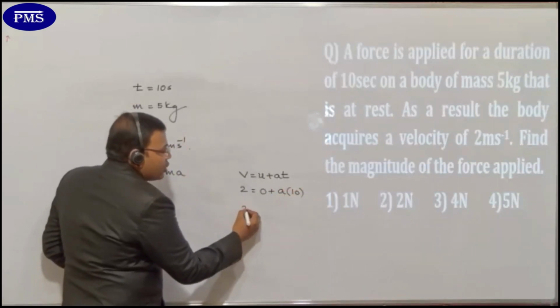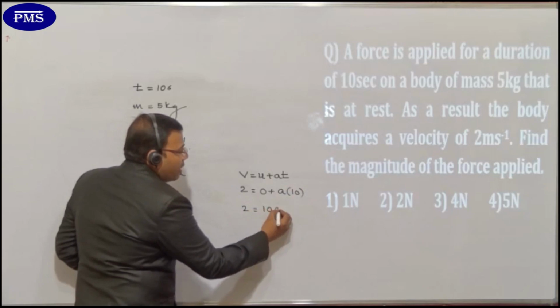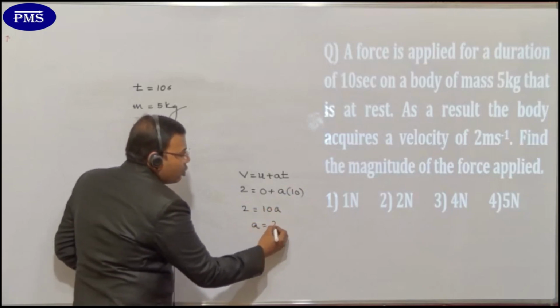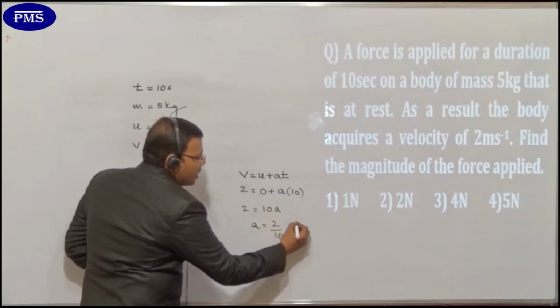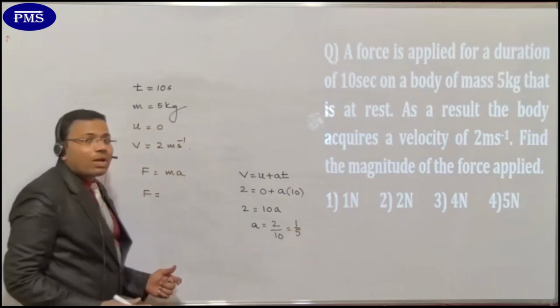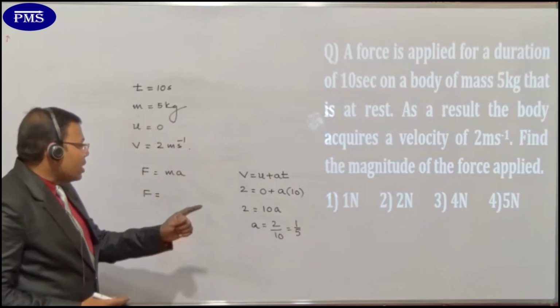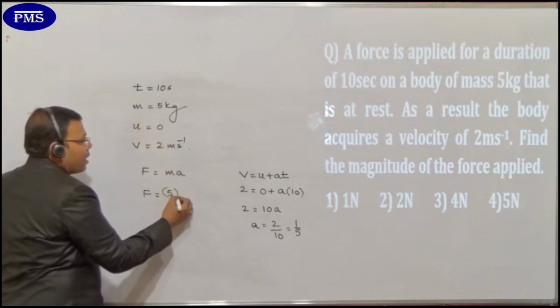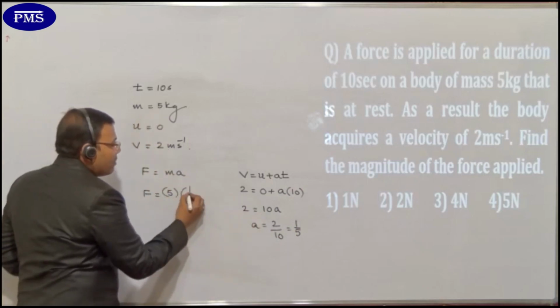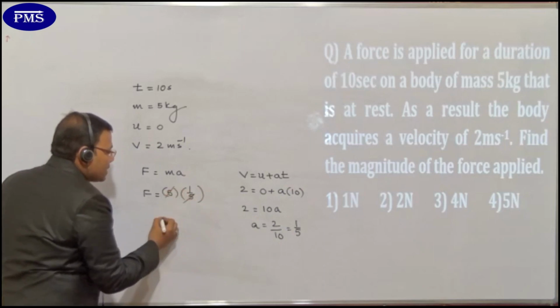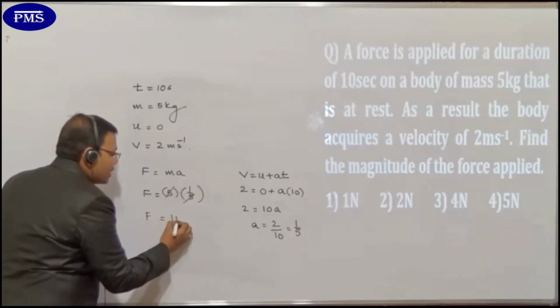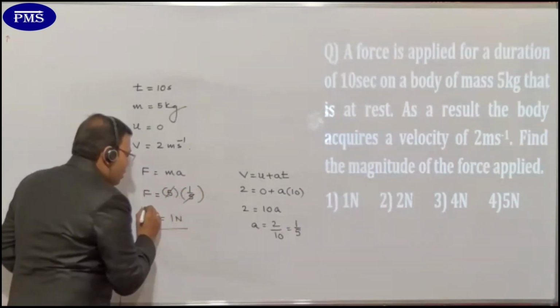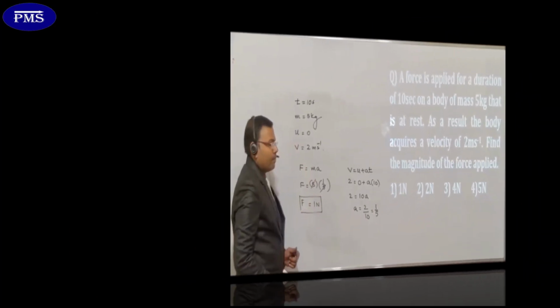Now students, 2 is equal to 10a, where a is equal to 2 by 10, that gives us 1 by 5 as the acceleration. I have to substitute that value here. Mass is 5, and acceleration I am getting as 1 by 5. So this gets cancelled, and the force value we are getting is 1 Newton. This is the answer.